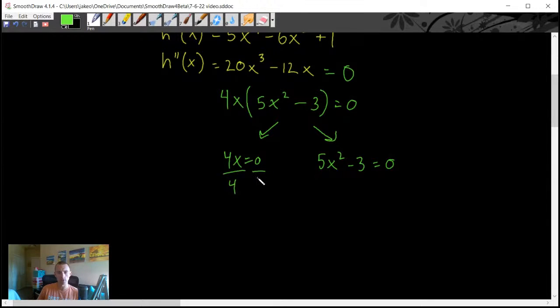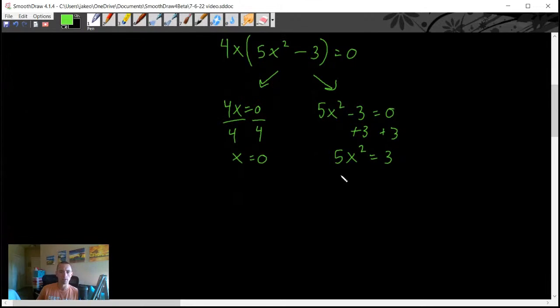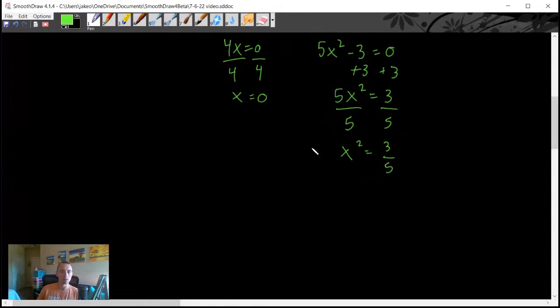So in this case, we can divide both sides by 4, just giving us x equals 0. Over here, we can add 3 to both sides. Then we can divide both sides by 5. And then we can take the positive and negative square root of both sides. So you do want to be careful with that.